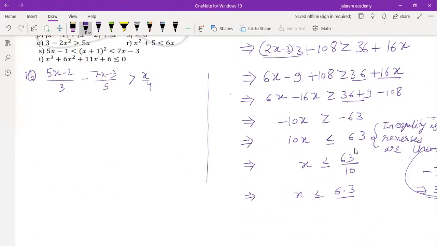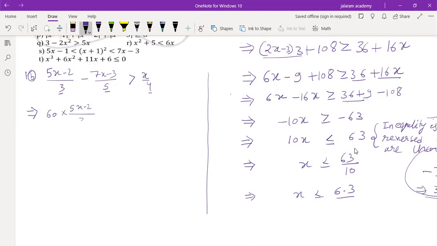Okay. So first find the LCM. What is the LCM of 3, 5 and 4? 3 fives are 15, 15 fours are 60. So multiply each fraction by 60.